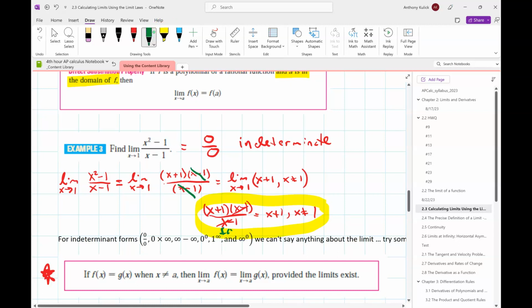This is like my f of x, and this is like my g of x, and that's like my a. F of x is equal to g of x everywhere except at one specific value. So what does that tell me? That I can do that, and my limit is 2.